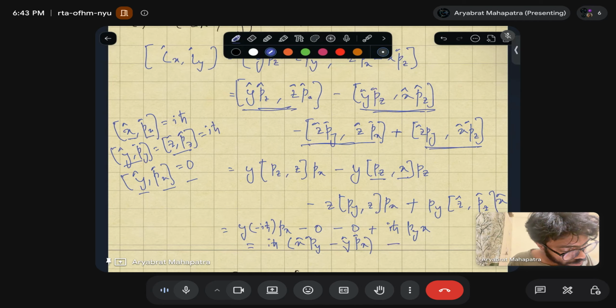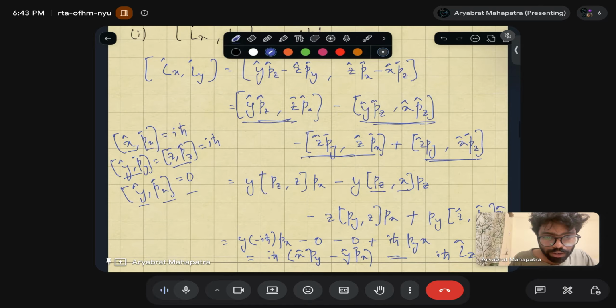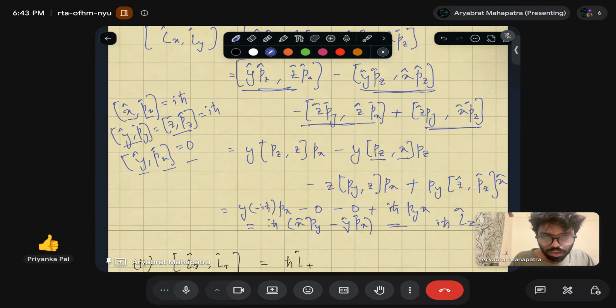And this is what your i h bar Lz is. So I think now it is clear. Is it fine right now? Okay. Anybody else, if anything is not clear or you didn't follow, please let me know.